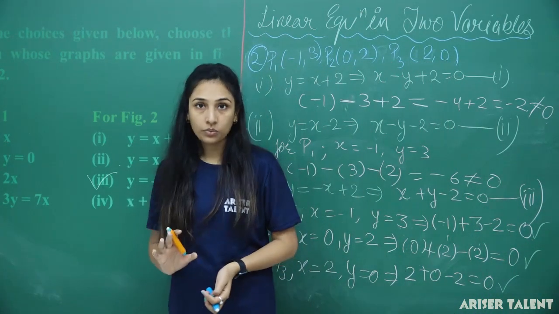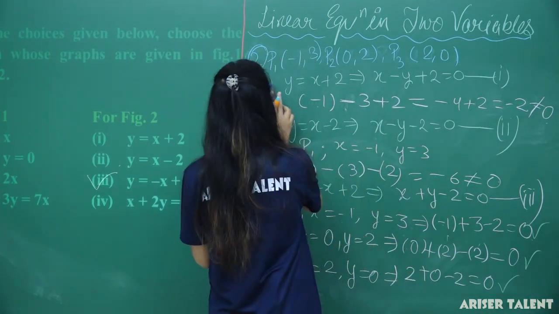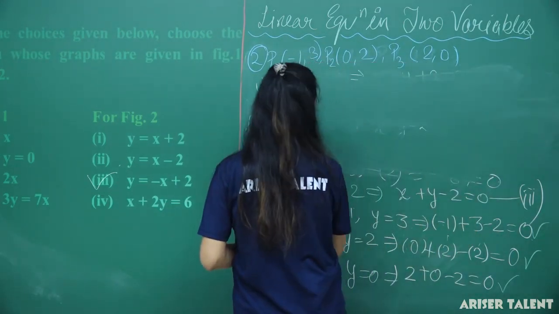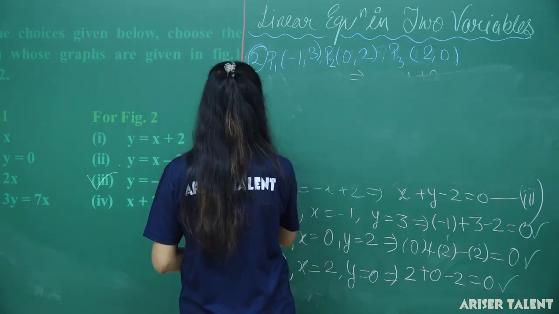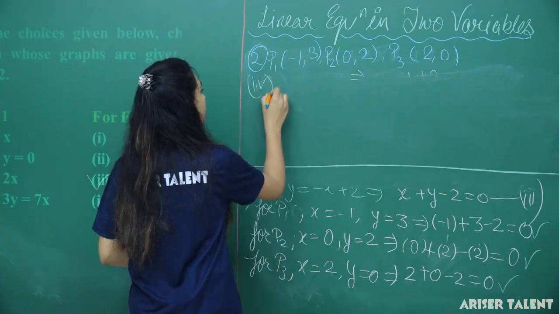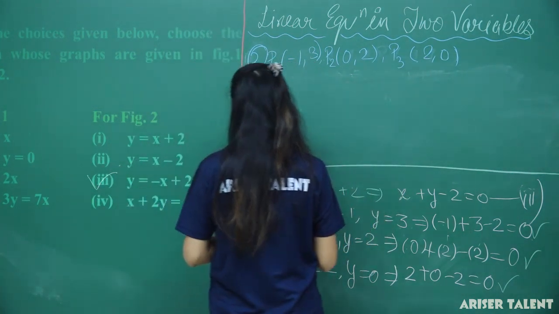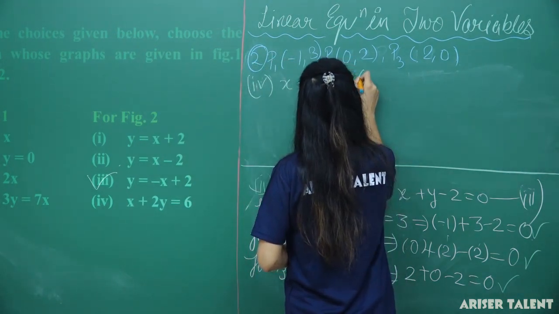Okay. Now, we will check for the 4th one too. So, we will talk about equation number 4 also here. Equation number 4 is x plus 2y equals 6.